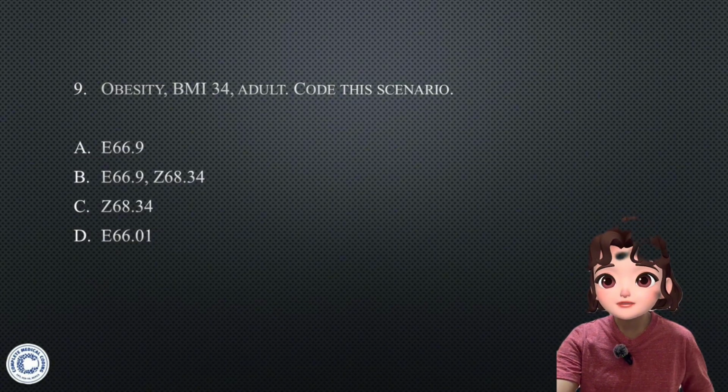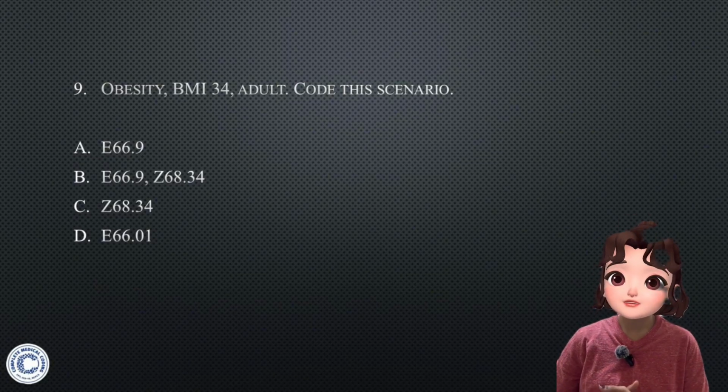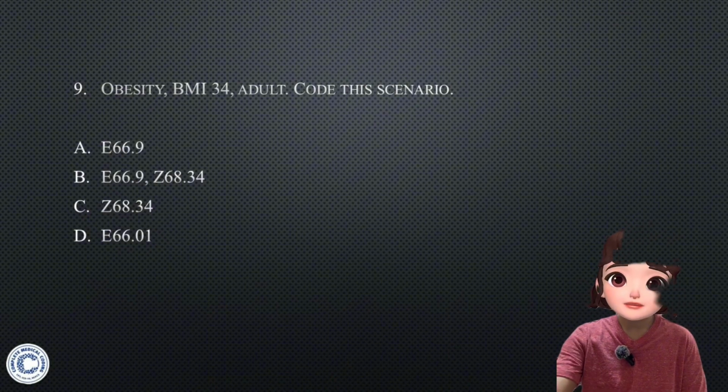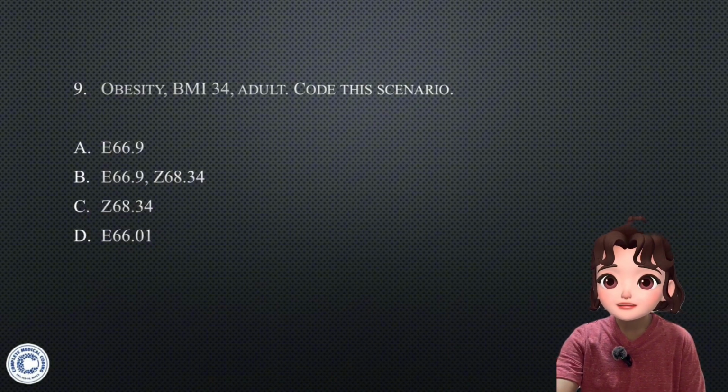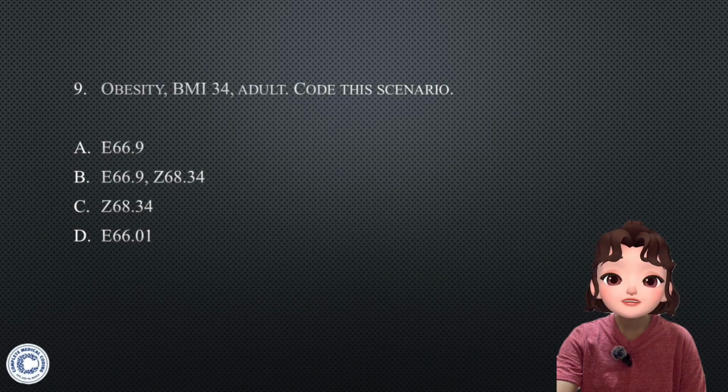So, first option, first code E66.9. E66.9 is the code for obesity. And since BMI is also mentioned, you have to code BMI also. Because for obesity cases, you have to always mark the BMI.